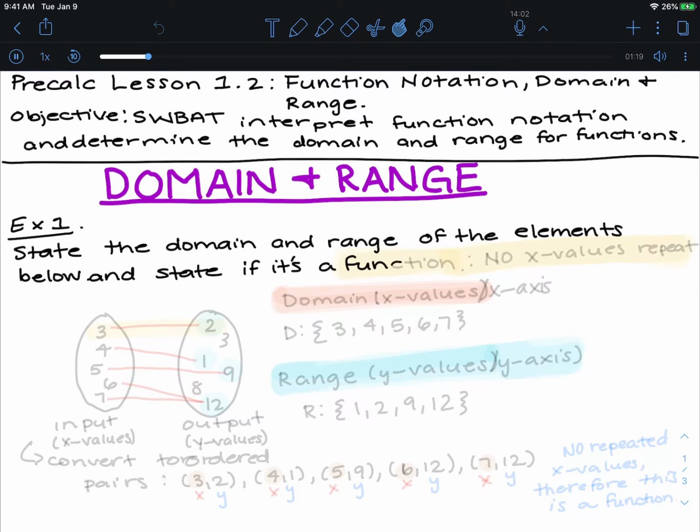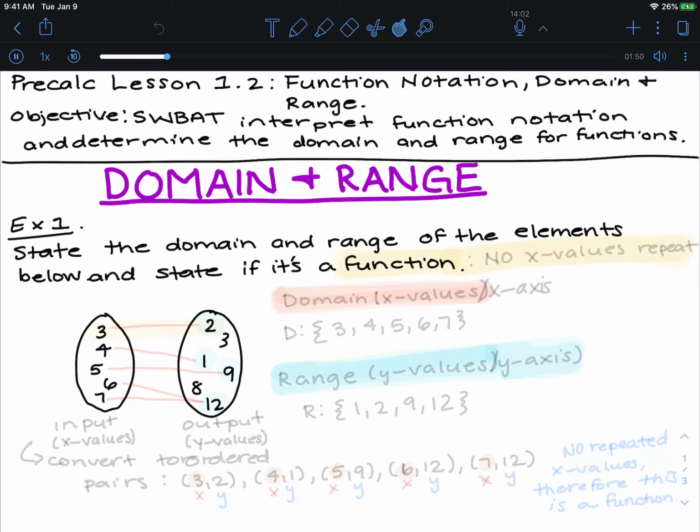So for this example, you're going to have a diagram. And you're going to have the numbers 3, 4, 5, 6, and 7. And you're going to have the numbers 2, 3, 1, 9, 8, and 12.